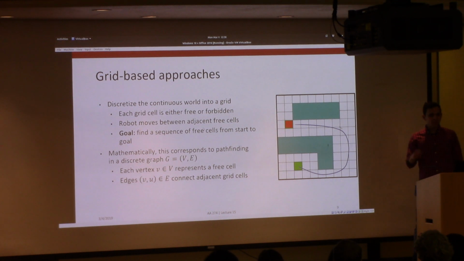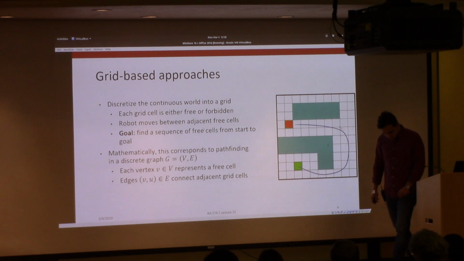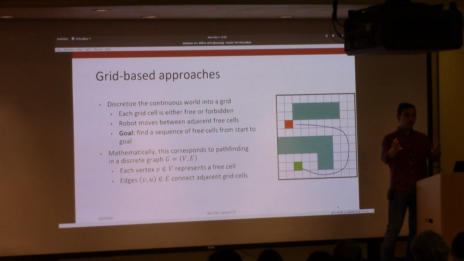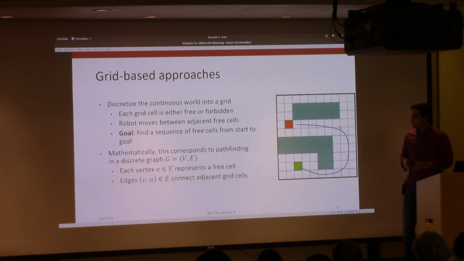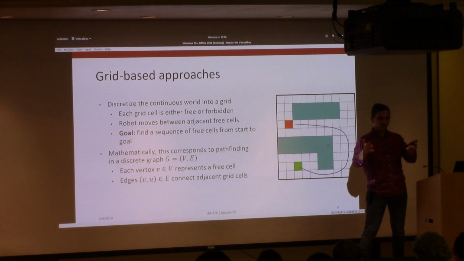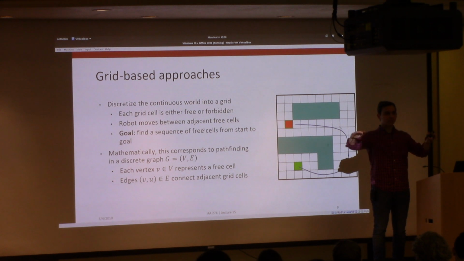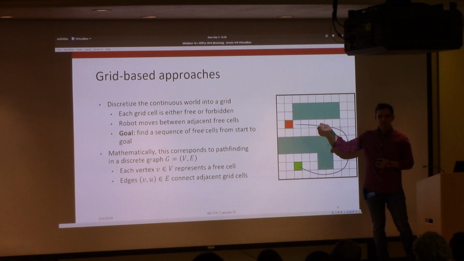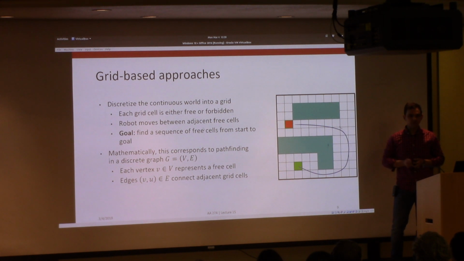So what are grid-based approaches? Grid-based approaches essentially discretize the geometry of the environment into a grid representation of a graph. Meaning that in the example we had earlier, we may take a fine grid, overlay it over the workspace, and we mark each cell of those grids as a free grid cell or a forbidden grid cell.